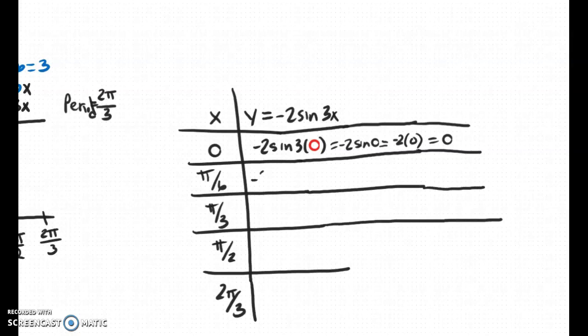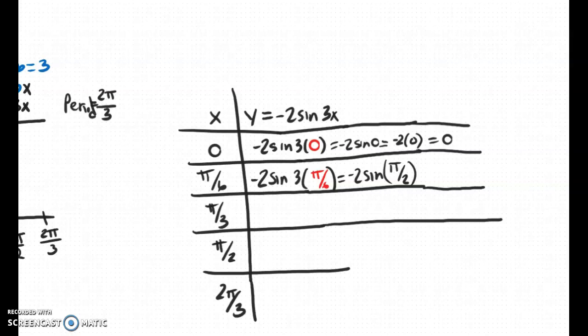So the next one, I would have negative 2 sine of 3 times pi over 6. And that would result in negative 2 times the sine of pi over 2 when I reduce this 3 pi over 6. So 3 times pi over 6 gives me pi over 2.